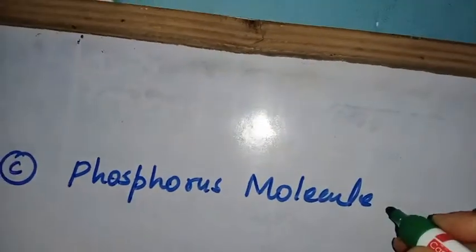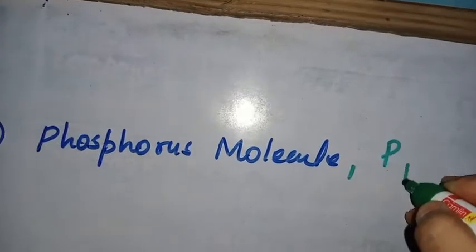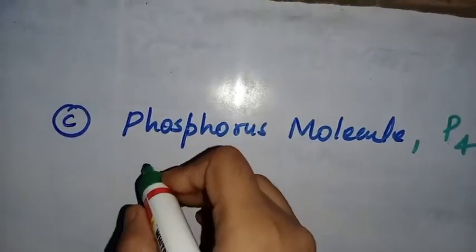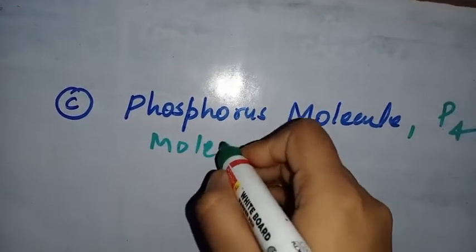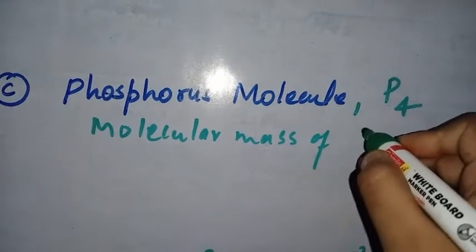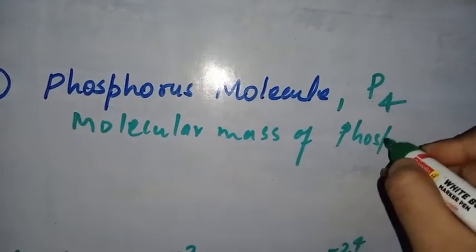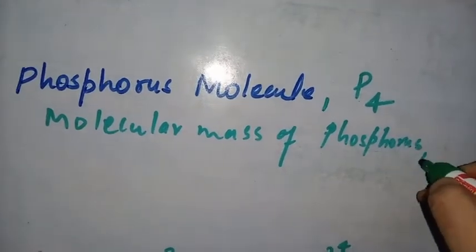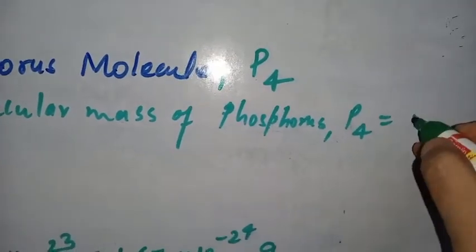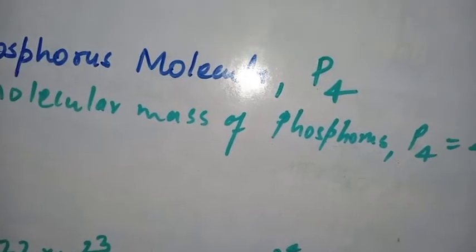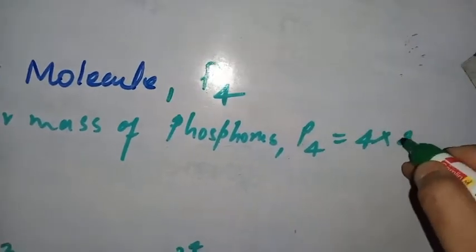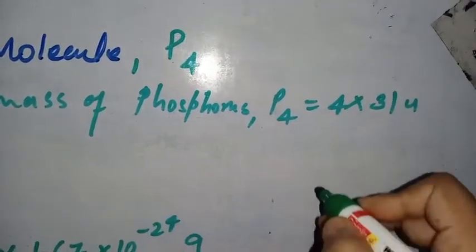The next one is phosphorus molecule. Phosphorus molecule is in the form of P4, as we have discussed before also. So here also we will first find out the molecular mass of phosphorus, that is P4, and it is equal to 4 into atomic mass of phosphorus. What is the atomic mass of phosphorus? Atomic mass of phosphorus is 31U.